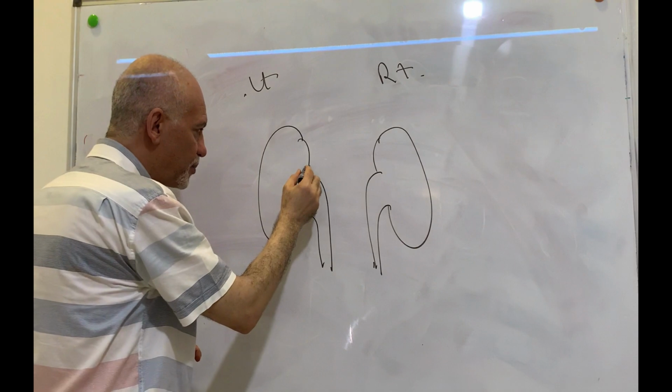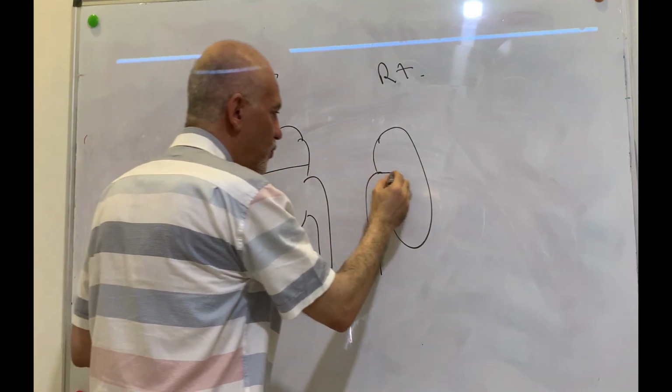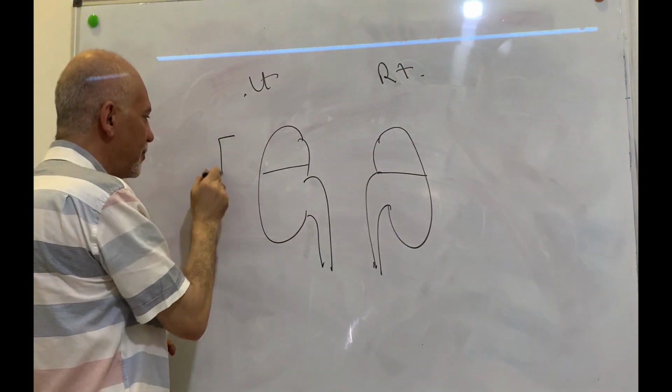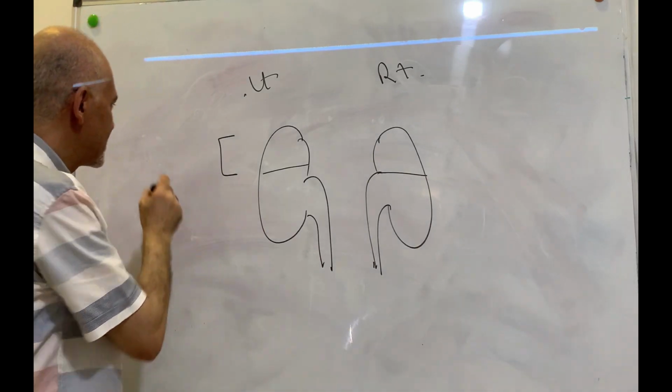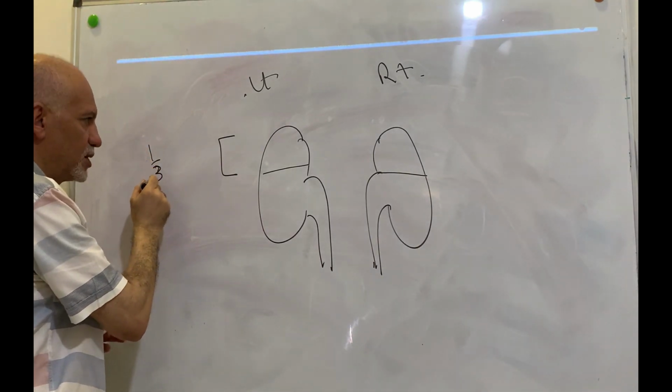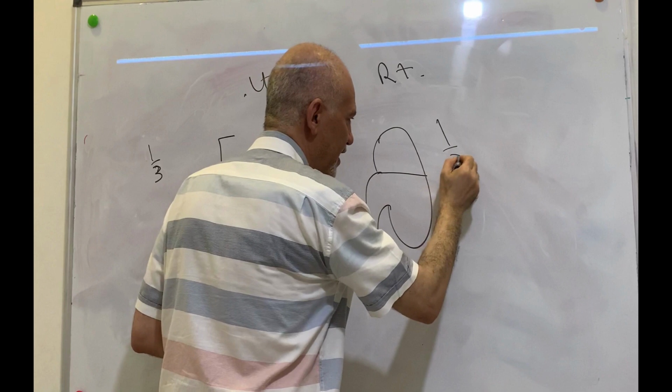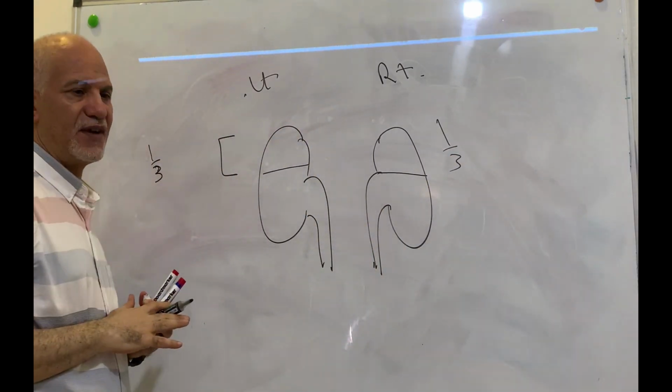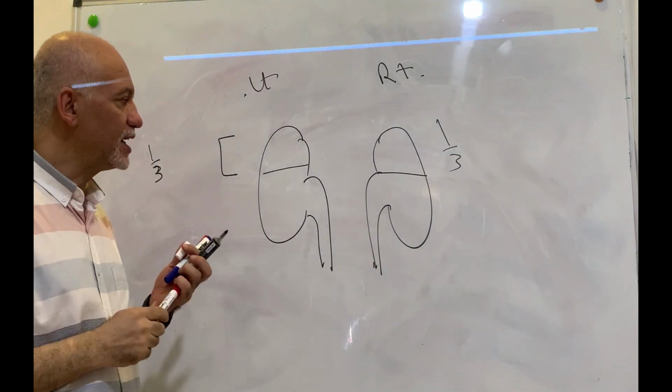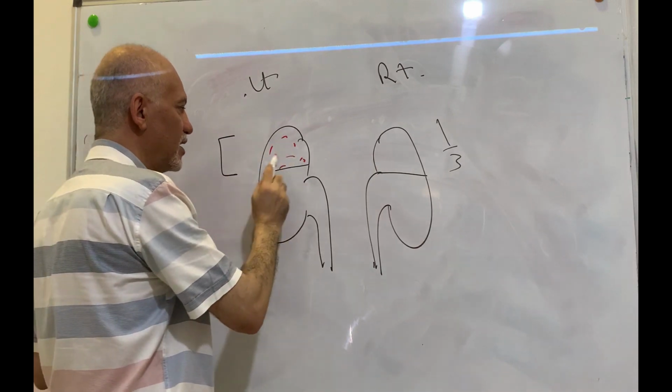The upper part of the right and left kidney, about the upper one third of the posterior surface, is related to the diaphragm, right and left.